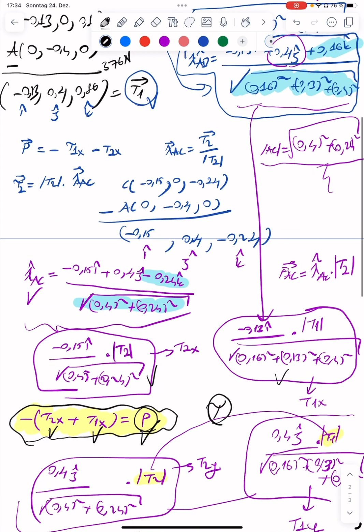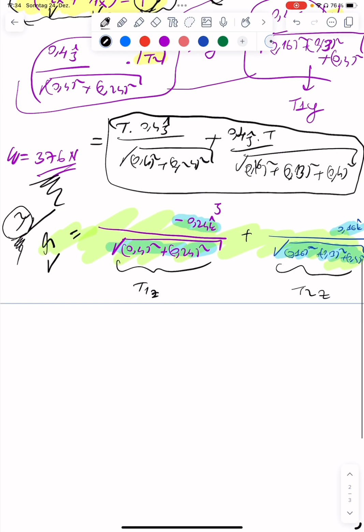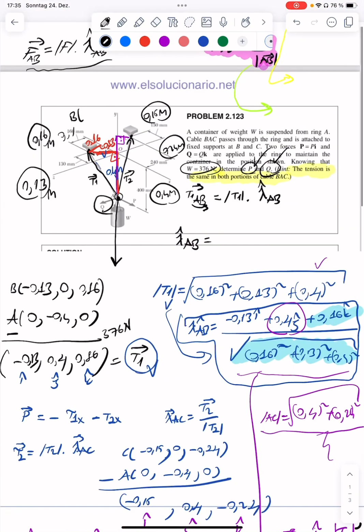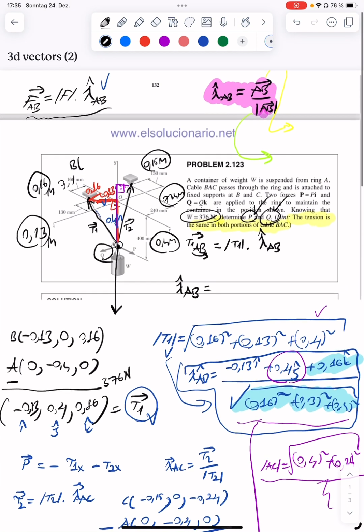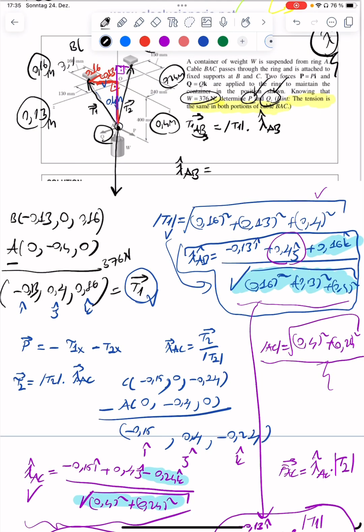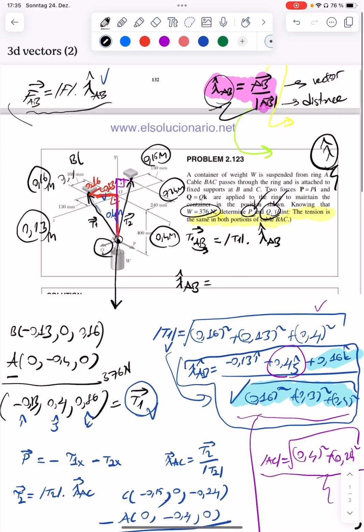Actually I cannot add more. It's enough to understand the lambda hat method. We must be careful that it is distance, it is a vector, and it is also a vector, and we have the other equations here.